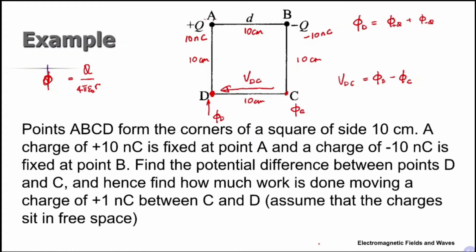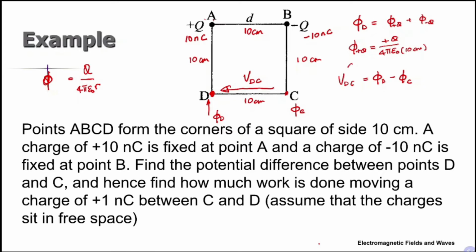And that's the electric potential equation: phi equals Q over 4 pi epsilon naught R. Okay, so for plus Q, there will be plus Q over 4 pi epsilon naught, and R is 10 centimeters.